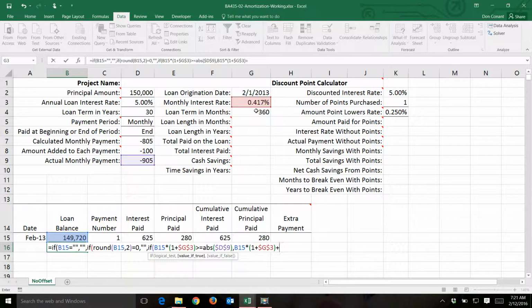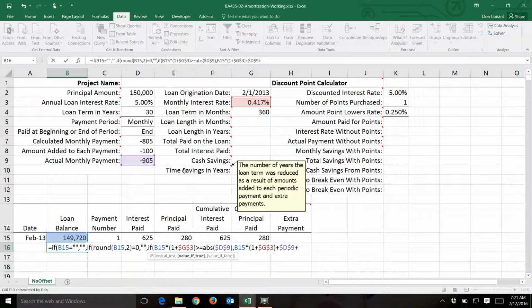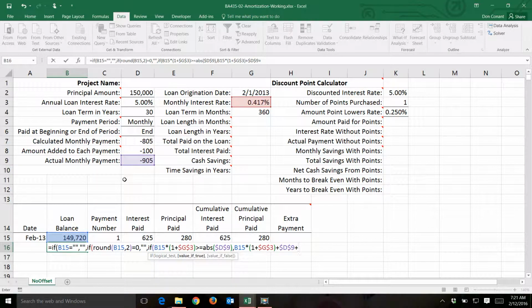So we'll add to that our monthly payment amount, which we have to make absolute, and then any additional payment amount we might make, which is found right here in cell H16. I have to use my right arrow to cursor over because you can see the formula is on that cell and it's hard for me to get to it. I could have placed my cursor here and then use the down arrow to move down into that cell. That happens sometimes.